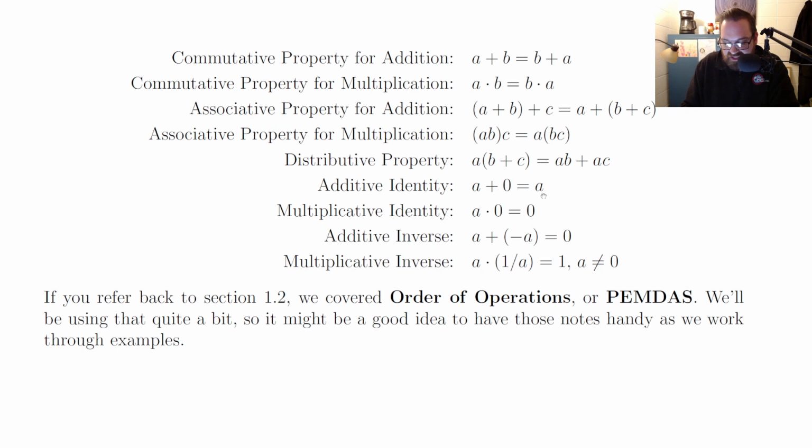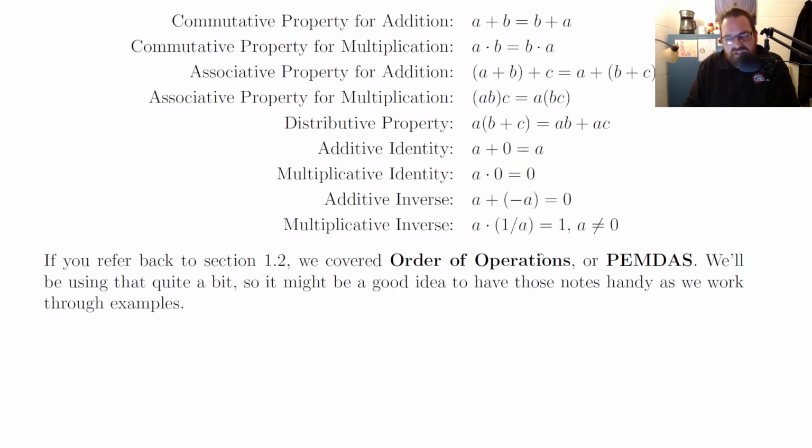Well, what you do is you are going to multiply it, or add, I should say, 0 to it. Same thing with the multiplicative identity. If you multiply by 0, you're going to get a 0. If you add the opposite sign value to the number, you're going to get a 0 right there. And then the multiplicative inverse. Wow, I can't talk. Same idea.